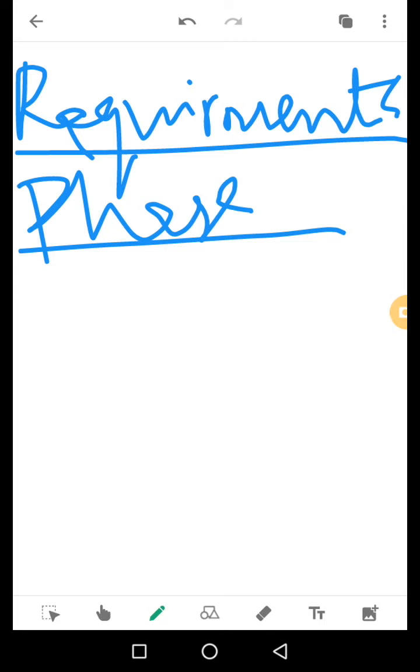As I've mentioned before, when we say requirement elicitation here, the requirements expected of the proposed system will be obtained.